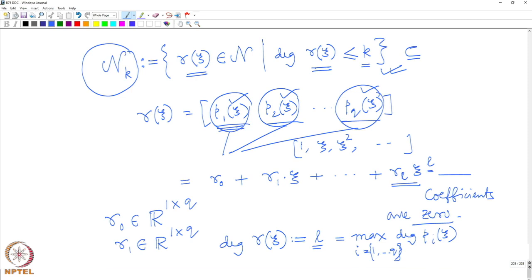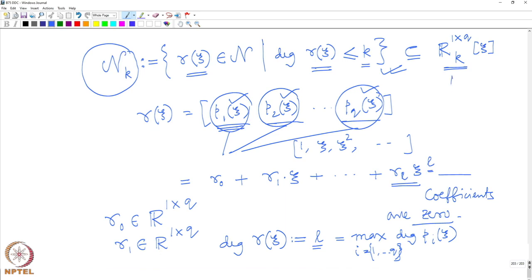So I will view this as a subset of this particular Z1 cross Q xi, the row module of size Q. I put a k here to mean that now I am looking at all those polynomial row vectors of size Q whose degrees are less than or equal to k.